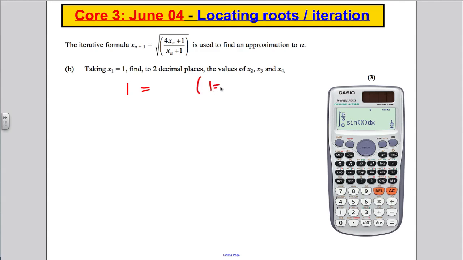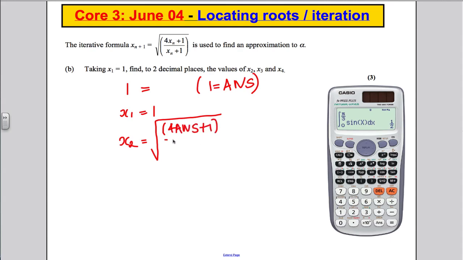This would make 1 be equal to the answer function. Then, here's your x1 is 1. To get x2, you would type the following in your calculator, the square root, and you would bracket the top, 4 Ans plus 1 over Ans plus 1.